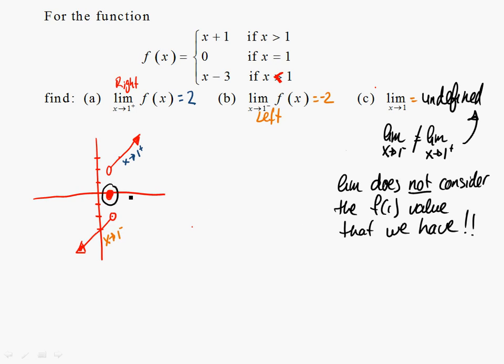Because we do know that at f(1) this function is worth 0. But the limit is trying to ask you, what values are you approaching coming from the left and coming from the right? Well, we're not approaching 0, we're approaching 2 and negative 2. That f(1) is just what the value is at 1 for the function. So they have something to do with each other, but not necessarily.